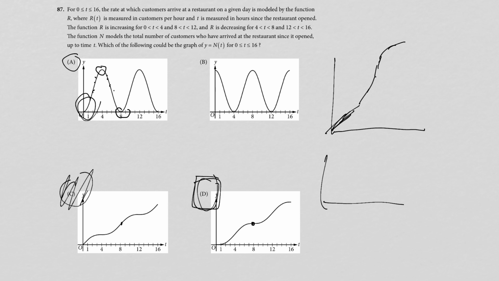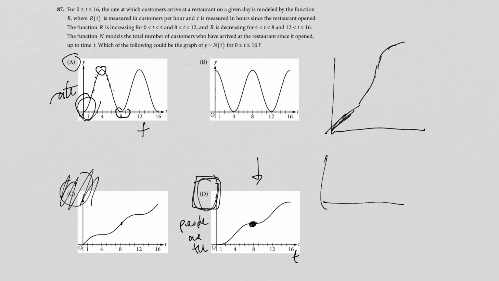So that question is pretty weird. They're describing how the rate changes, but they're asking what a graph of the number of people would look like. This is a graph of time versus how many people there are. And this looks like a graph of time versus the rate that the people are coming in.